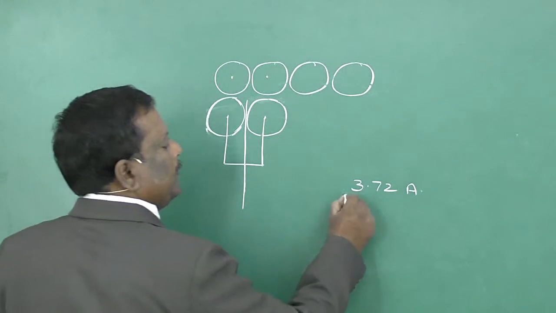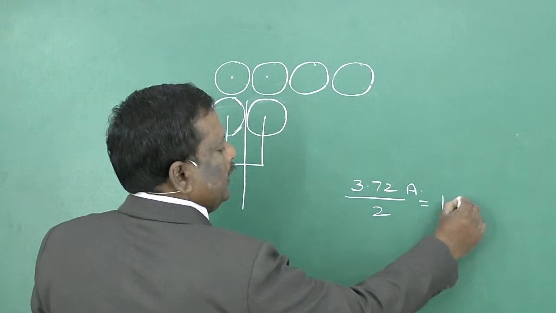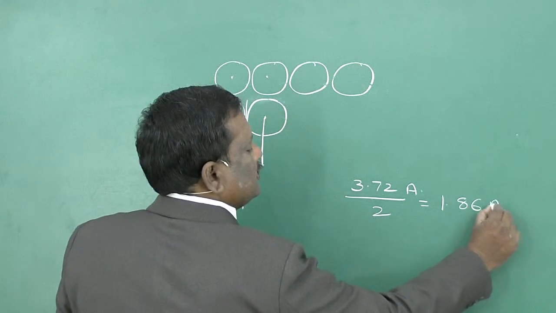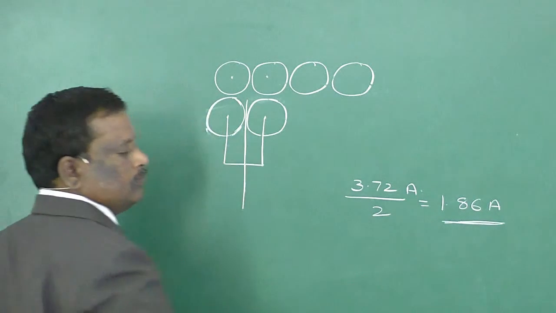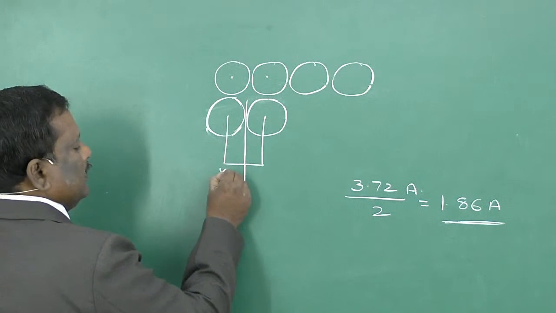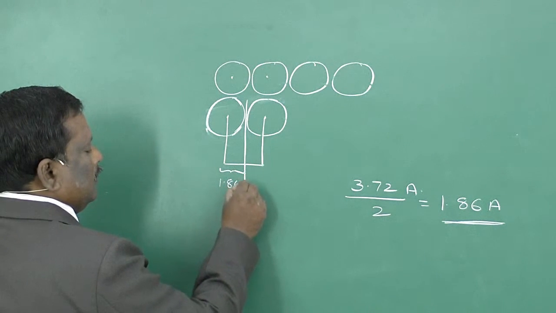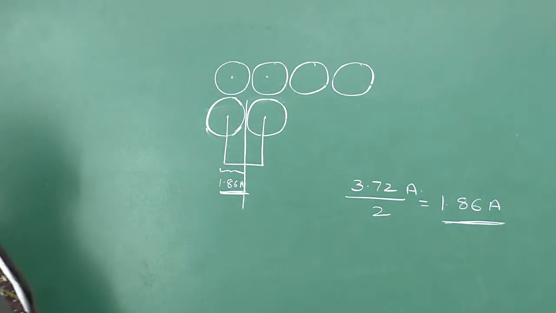that is 3.72 by 2, is 1.86 angstroms. This is considered as the metallic radius of sodium.